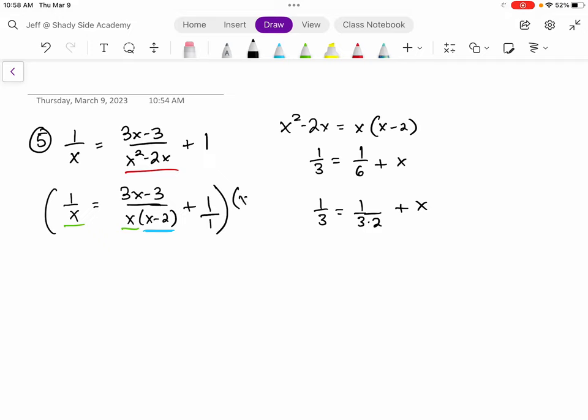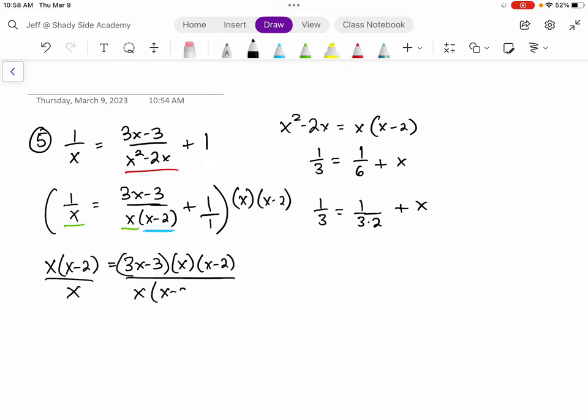So let's multiply both sides by x times x minus 2. Remember, that means every numerator gets an x times x minus 2. If you want to skip this step because you think you've got it, that's totally fine. Oops, forgot the x here. Every numerator gets an x and an x minus 2, including this 1.